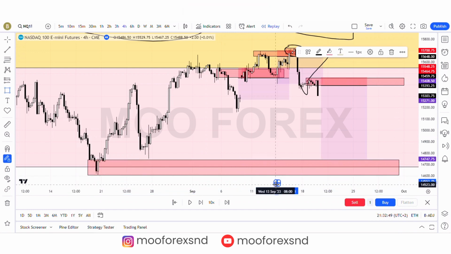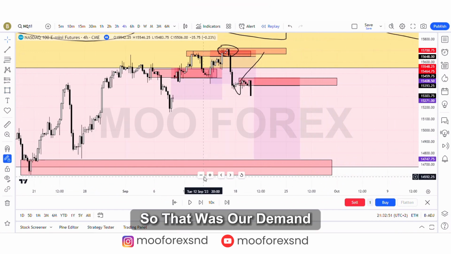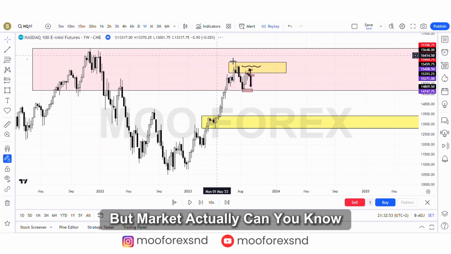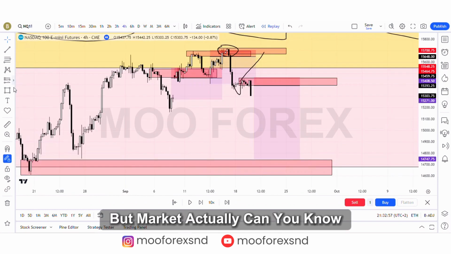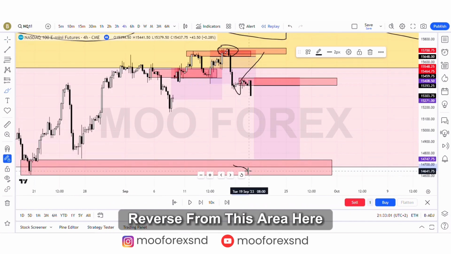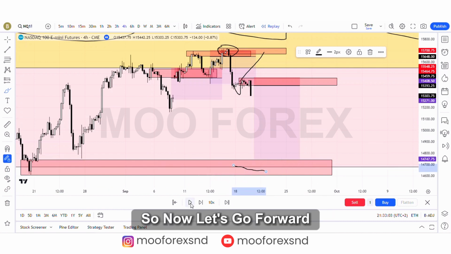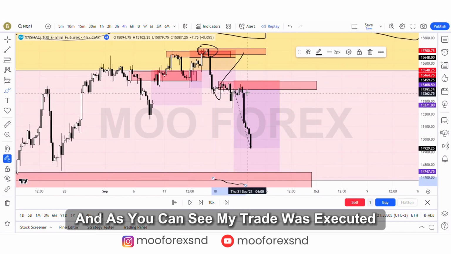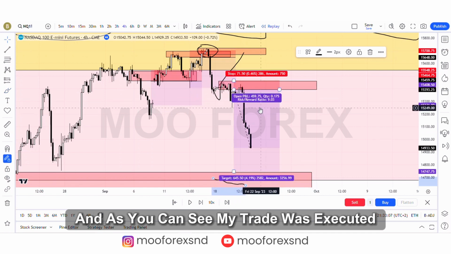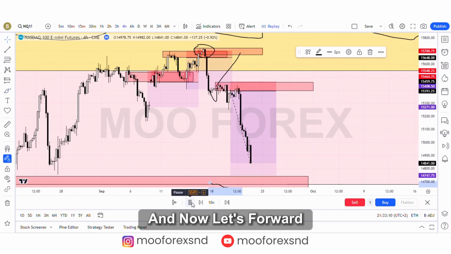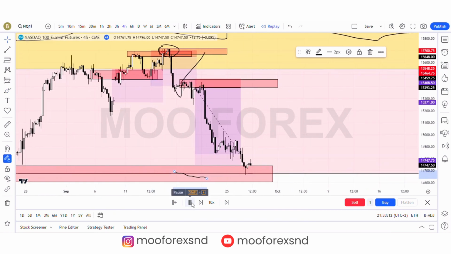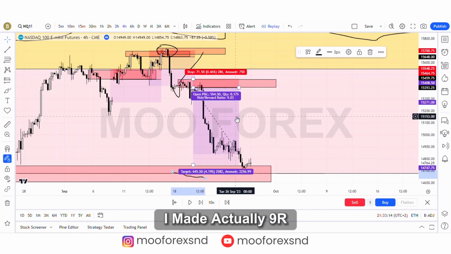So that was our demand. I know that's a weekly, but the market can reverse from this area. So now let's go forward, and as you can see, my trade was executed, and I actually made 9R.